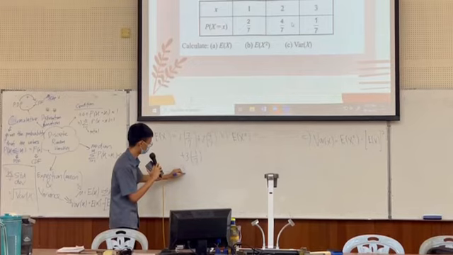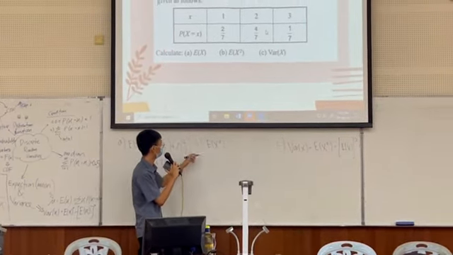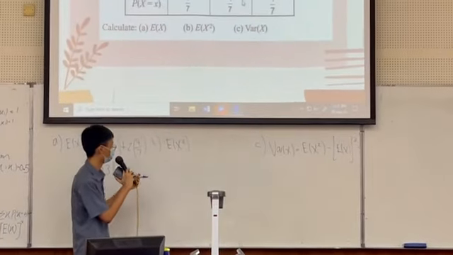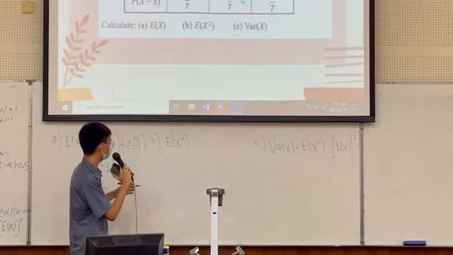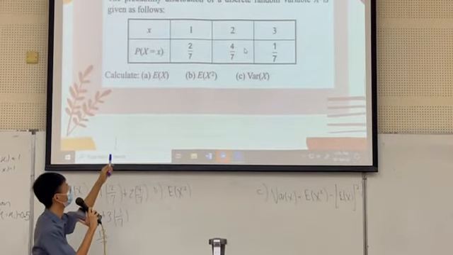13 over 7. So now we proceed to section B. It wants us to find E[X squared]. We can just square the x and multiply by its probability.